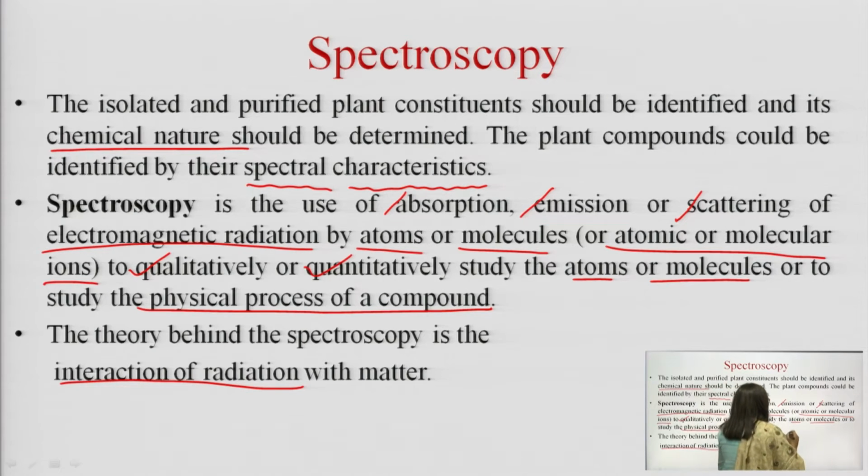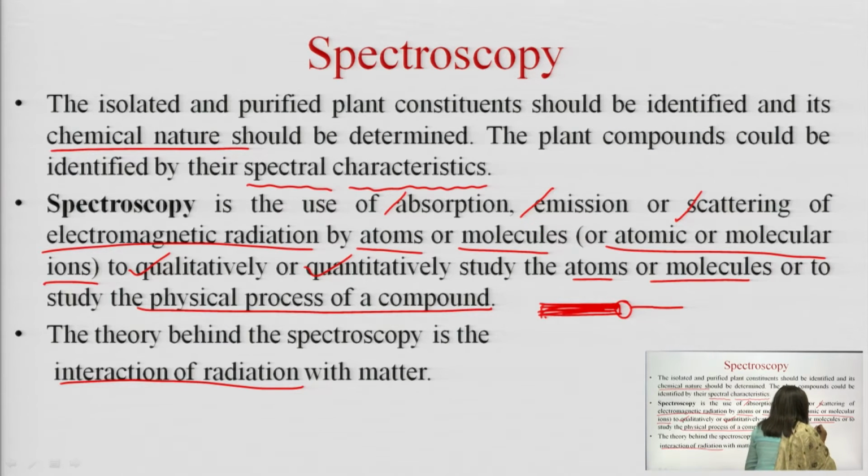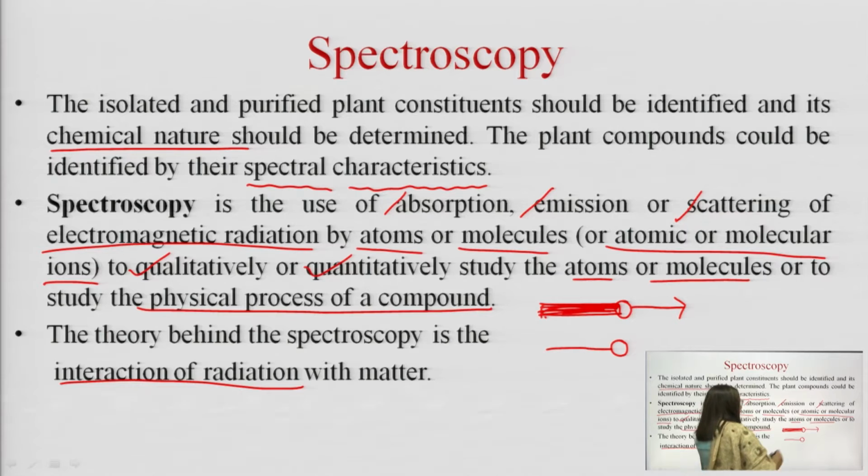I must mention that absorption means the light entering the sample has a certain energy level, and once it enters the sample, some amount of energy is absorbed, leaving behind a thin trail. In case of emission, the light entering the sample would start emitting at a slightly higher energy level.